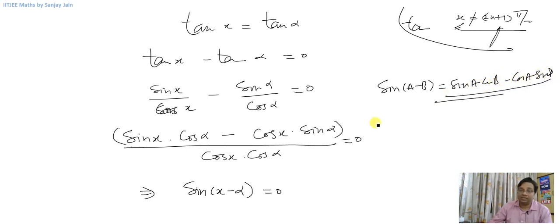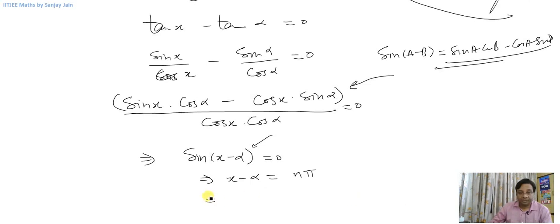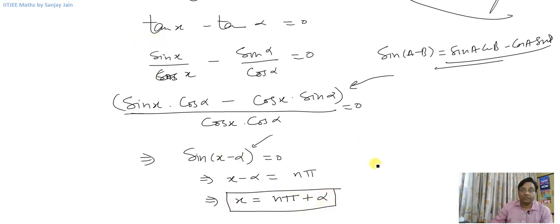This is the identity that I applied here to write this. Now for the sine of an angle to be 0, I'll have that angle equal to n pi, right? So that means x will be equal to n pi plus alpha, and this is my general solution for tan x equal to tan alpha.